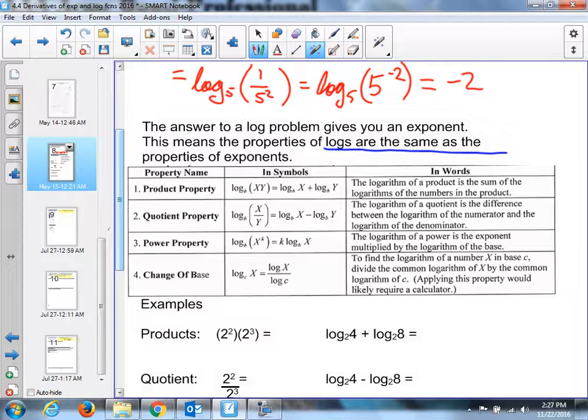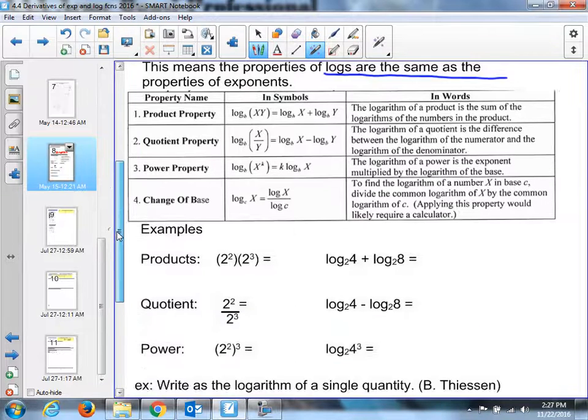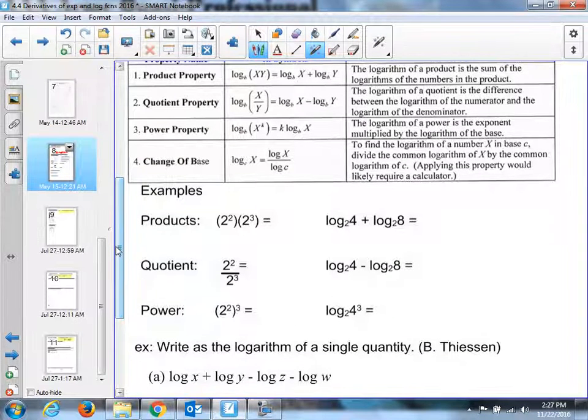So let's go through all these properties real quickly because, well, we need to know. On this side here, I've got my exponent rules and the corresponding log rule. So with products, I don't want you to actually multiply these out, because yes, you know this is 4, and you know this is 8, and it should be 32.